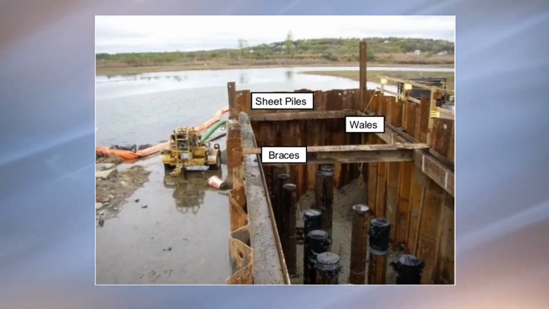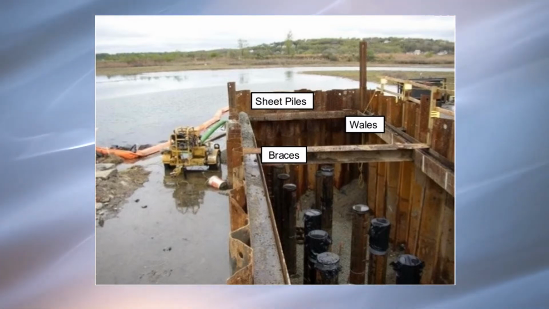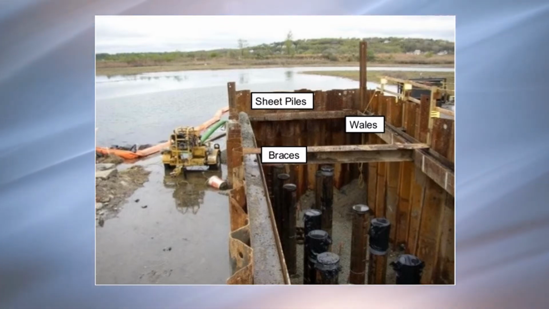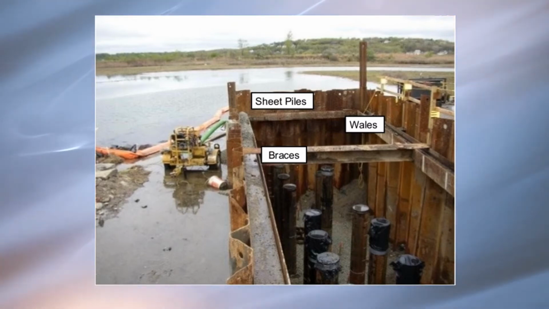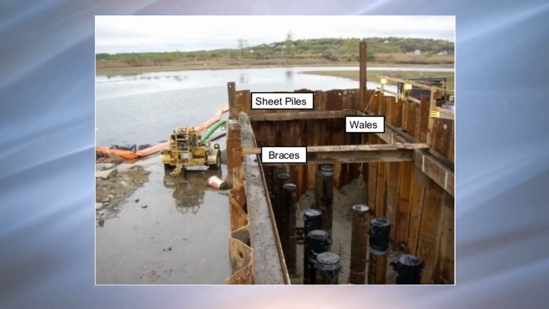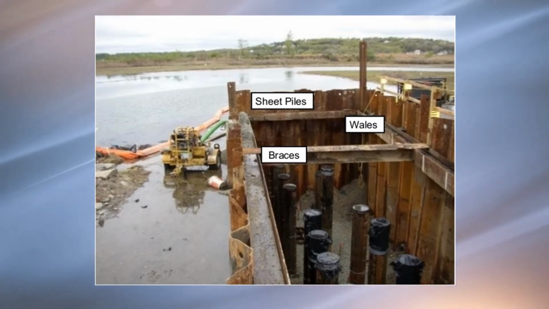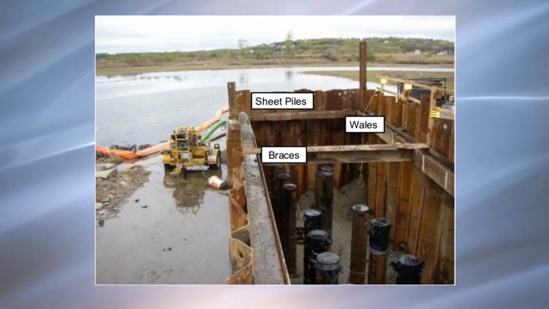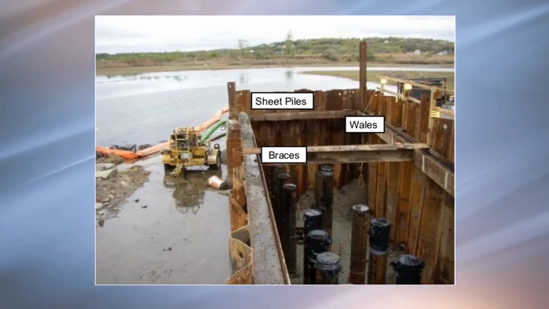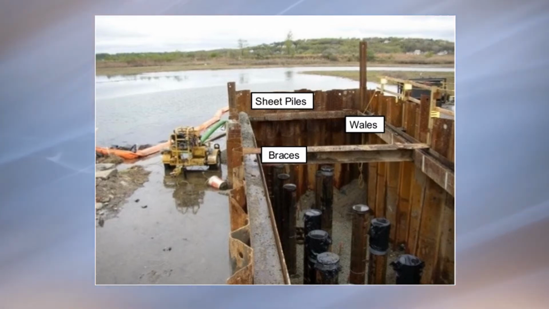Sheet piles are individual panels with interlocking connections that link the panels together, forming a single barrier. Sheet piles are widely used for cofferdams due to their structural strength and interlocking capability that provides a watertight system.